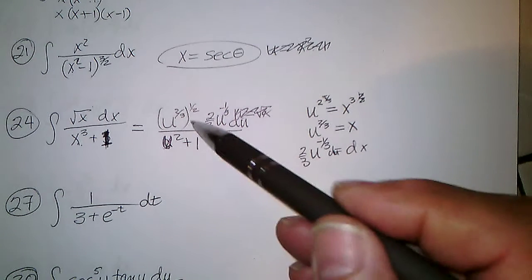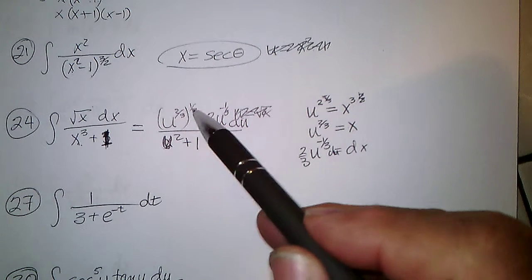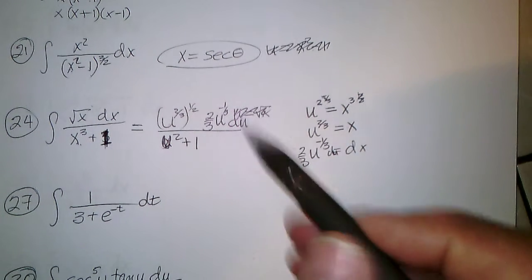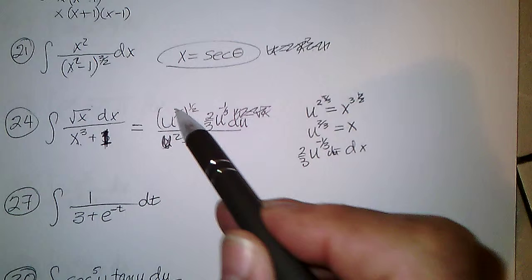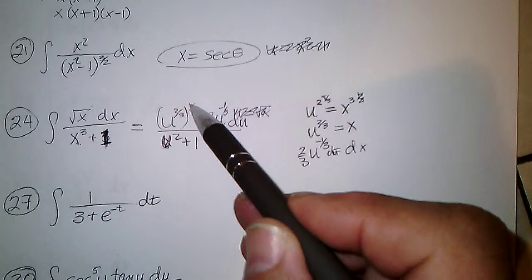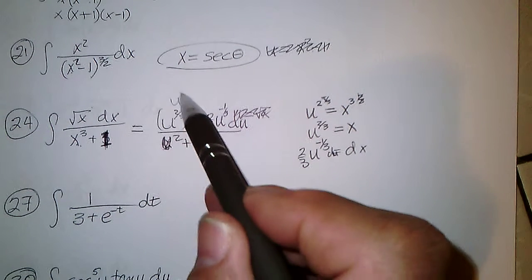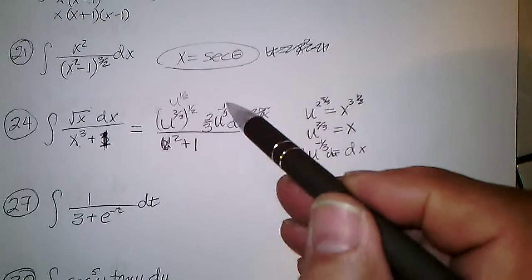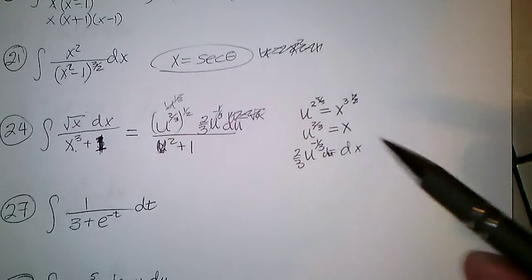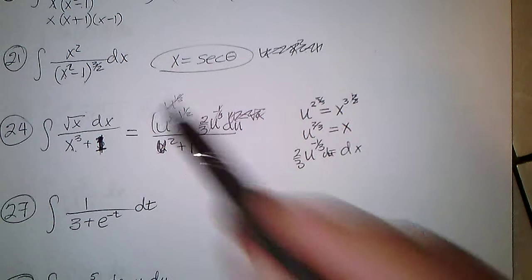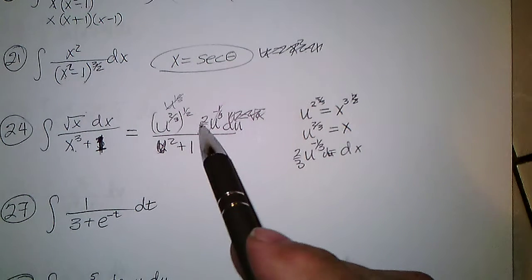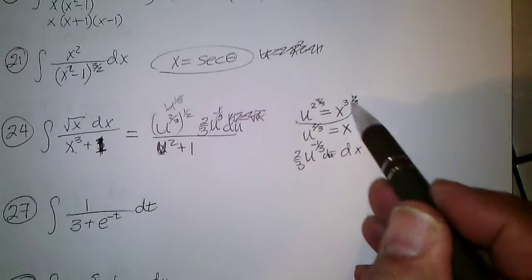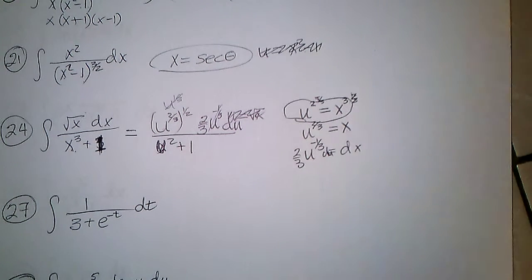Now, this u to the 2/3 times 1/2 would be u to the 1/3, and this would be u to the minus 1/3, and this is underneath that one, and so they would just cancel, and I'd have the 2/3 I could take out.